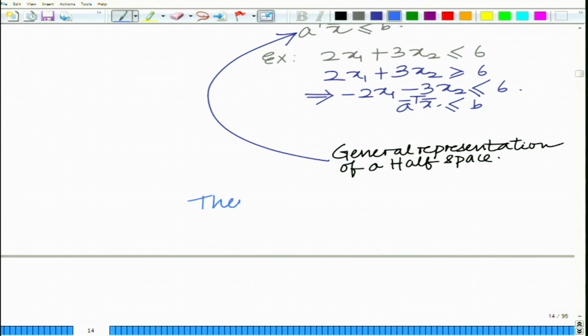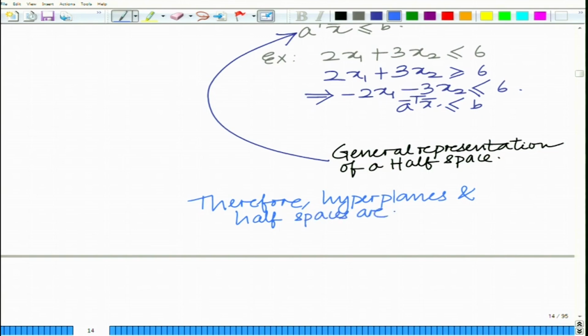Therefore, the important thing to realize here is that hyperplanes are affine as well, but for our purposes it is enough to note that hyperplanes as well as half spaces are convex. Okay.